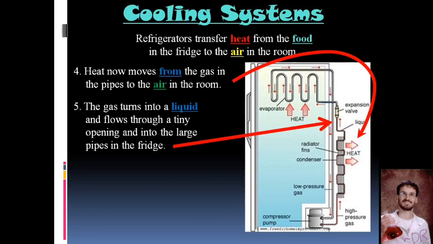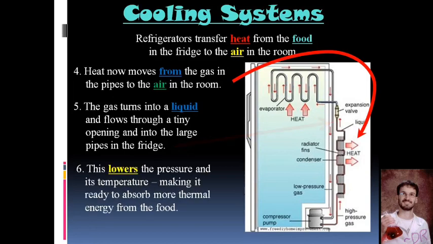I should say it turns back into a liquid because it's lost some of the heat. So as it loses the heat to the room and it goes through this expansion valve, the pressure greatly reduces. So in the expansion valve, it's going from tiny little pipes to now thicker pipes. So the pressure goes down a lot, and when the pressure goes down, the temperature goes down.